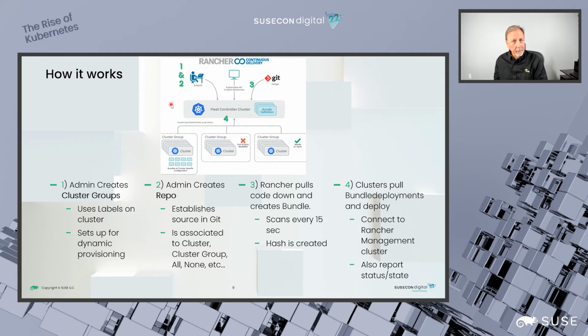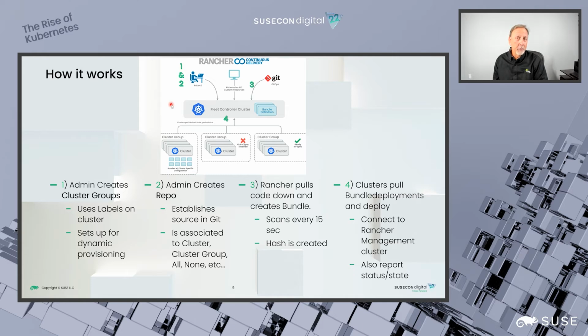So the second step is also another administrative component, where the administrator defines the target or source GitOps repos that we will be pulling information from to associate with those cluster groups that we've just defined. So the administrator defines the groups, defines the repos, and associates those repos, which means whatever the applications or the infrastructure as code that they have within them, with particular cluster groups.